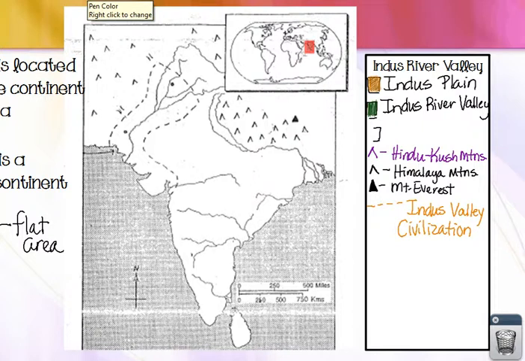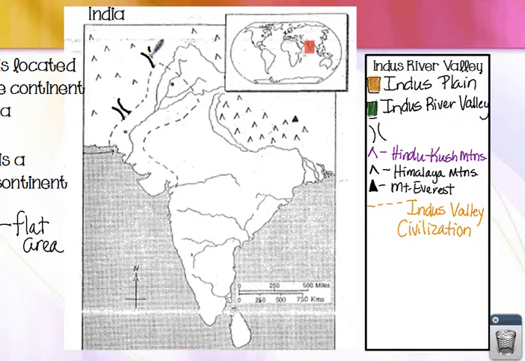Oh well. Alright, so the next thing we're going to do is this third box I told you to draw in, just erase it because we're going to change that to something else. Alright, we're going to put two little marks that are like this. And if you look really closely on your map, you will see them. They are in the Hindu Kush Mountains. There's some right here, and there's some right here.